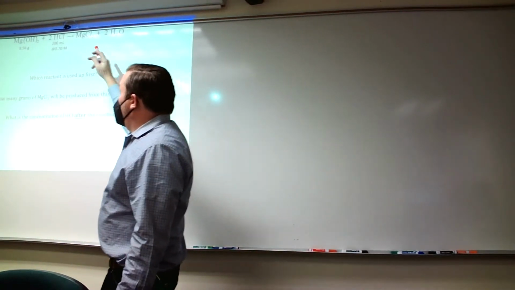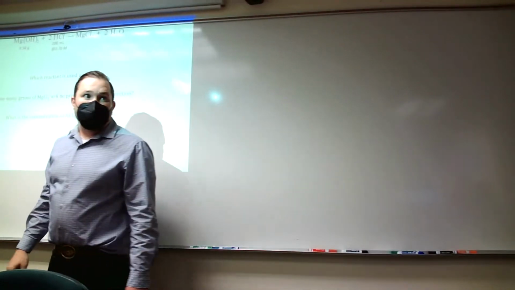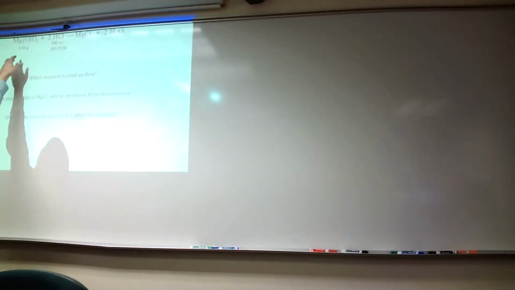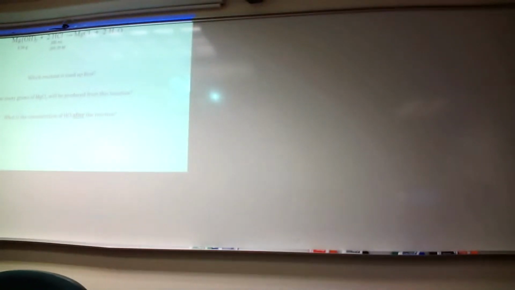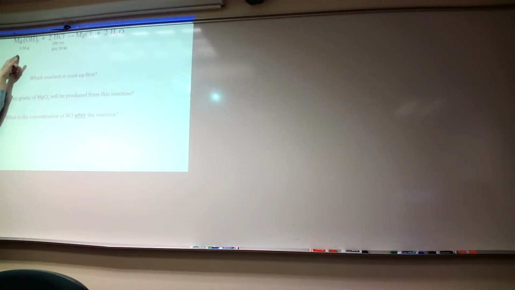First things first, though, we want to get everything in moles. So for the one that's a solid, where you're given grams, if I don't write solid, but I give you grams, you can assume that it's pure substance. We're talking about a solid here. If we know that it's pure substance and we know we have a starting mass, we just use the molecular weight.